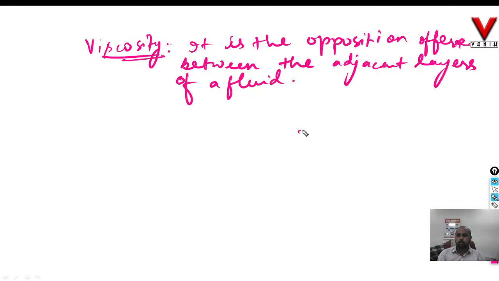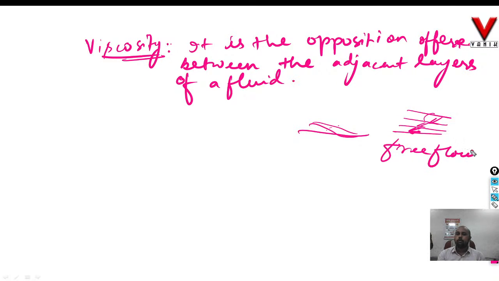Say this is a fluid that is flowing. So there are different layers of a fluid. Each layer will try to offer some kind of frictional resistance to the above layer. That is why the free flow of layers is restricted.